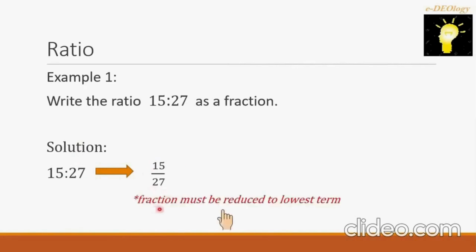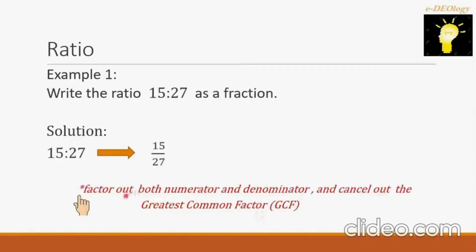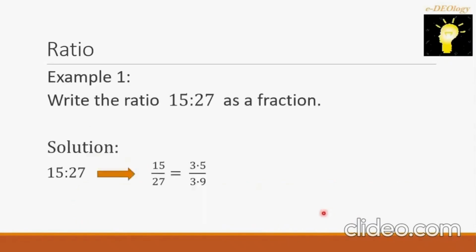However, a fraction must be reduced to lowest terms at all times. So we will factor both numerator and denominator and see if we can cancel the greatest common factor. The 15 is factored into 3 times 5.